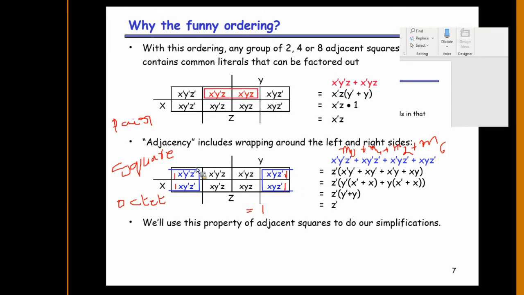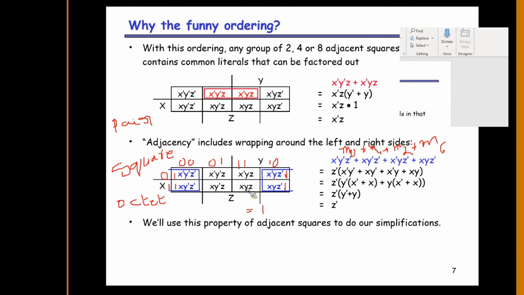These two minterms, M0 and M4, are on the left side, whereas M2 and M6 are on the right side. Now let me check the adjacency of these two minterms with those two minterms. x is 0 here, x is 1, y is 0, 0, y is 0, 1, and here it is 1, 1, here it is 1, 0. Now we'll check for the adjacency.